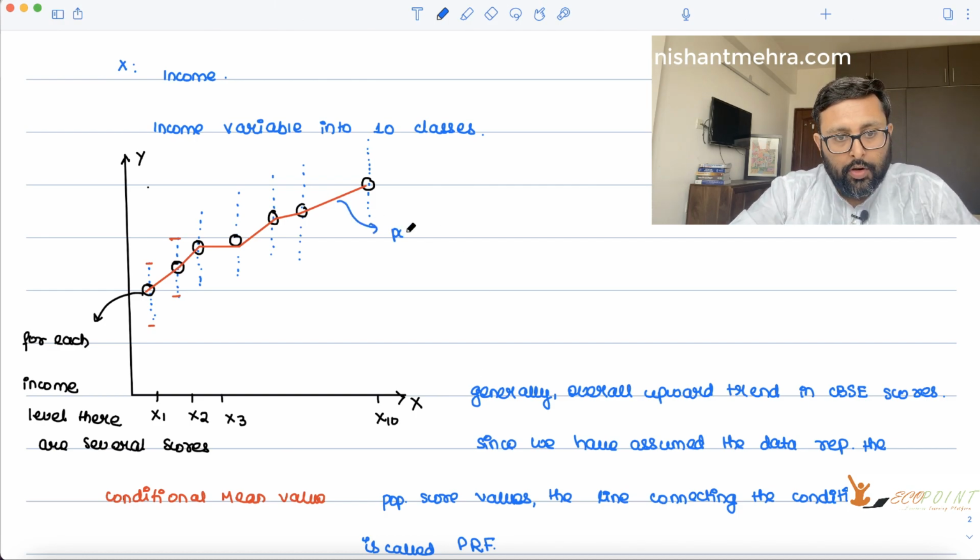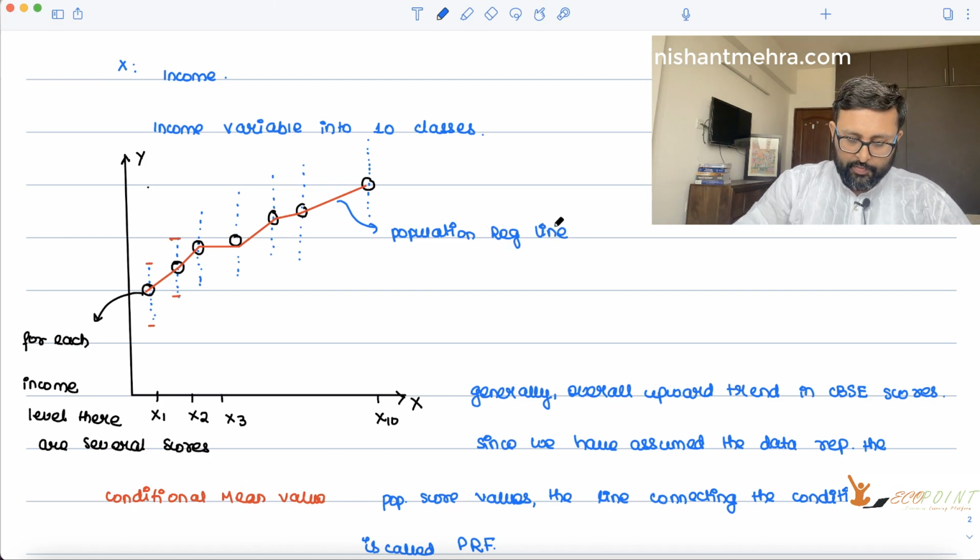This is what you call the population regression line. So it is giving you the mean value of the dependent variable, which is Y, corresponding to each value of the independent variable X, right?